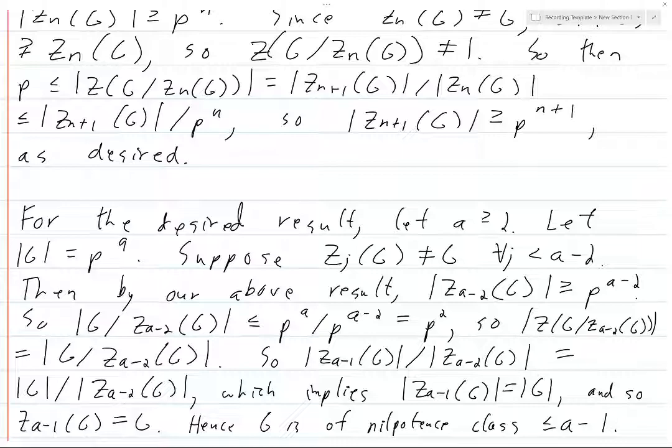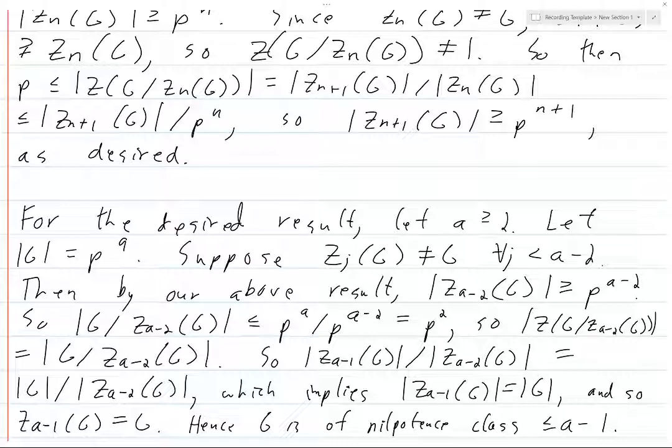When a equals 2, we have a group of order p squared, which we know is abelian, and so the center of G is precisely G, and so it's nilpotent of nilpotence class 1, which is equal to a minus 1, and so you're good there.